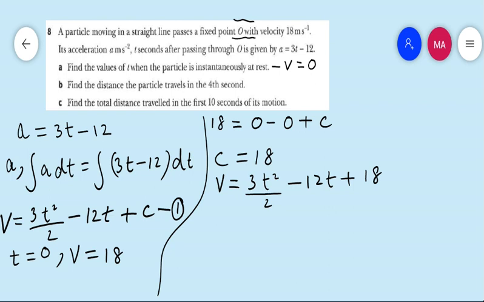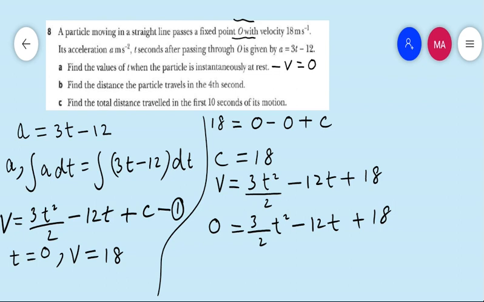This is the value of v, but this is not our final answer because our requirement is to find the values of t when the particle is instantaneously at rest. Instantaneously at rest means we must replace v by 0. So 0 is equal to 3 upon 2 t square minus 12t plus 18.